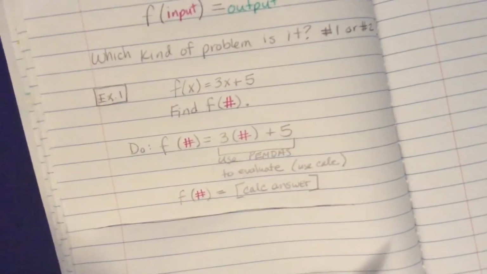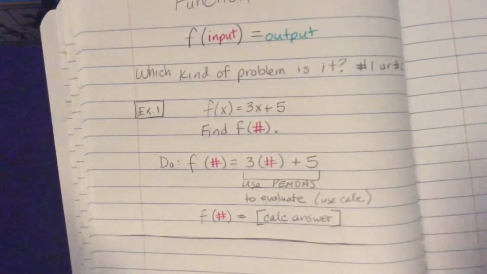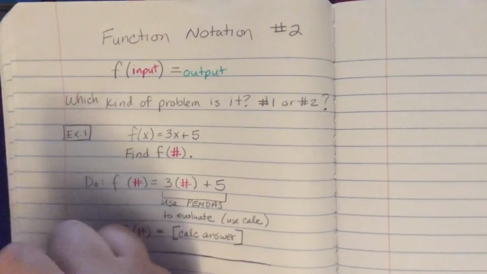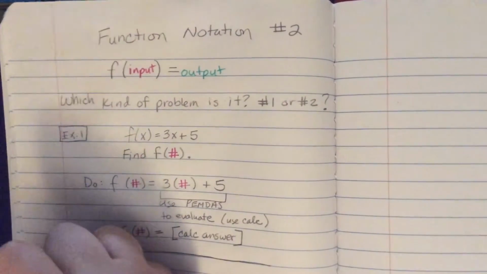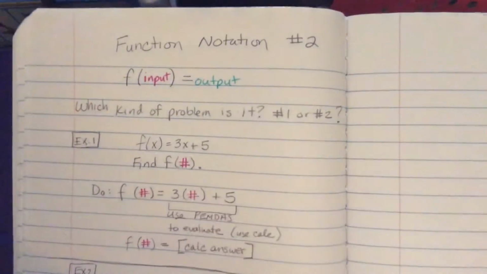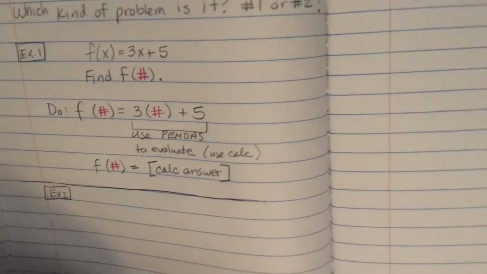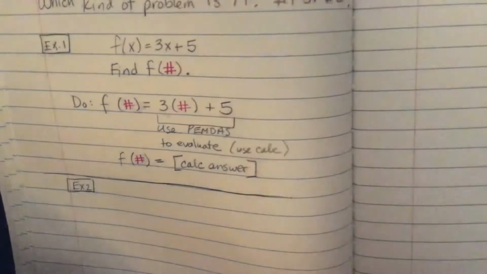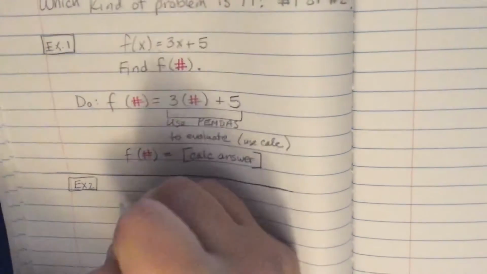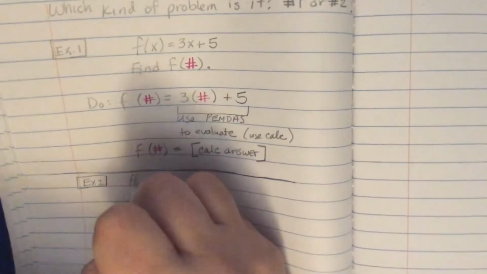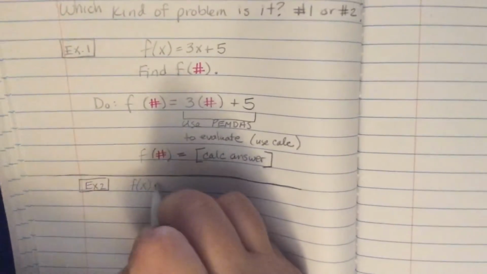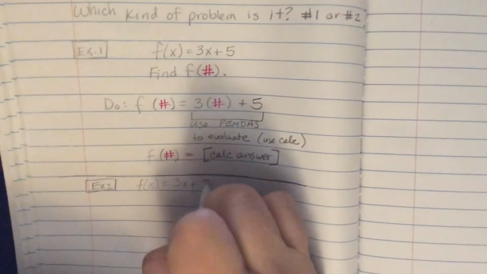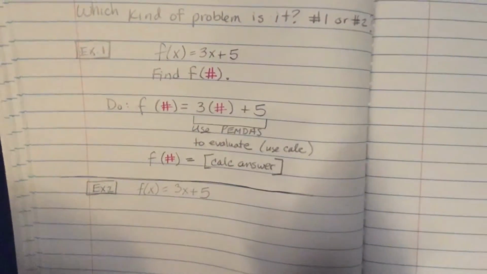Okay. Now, we also might have some that look like example 2. Let me move this up here so you can see it. Example 2 is going to look something like this. f of x equals 3x plus 5, the same function we had before.